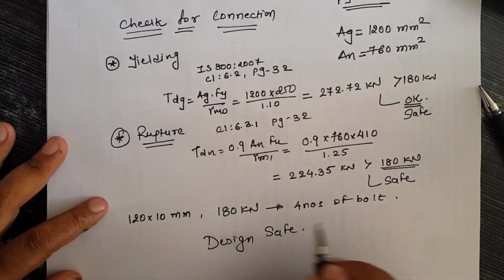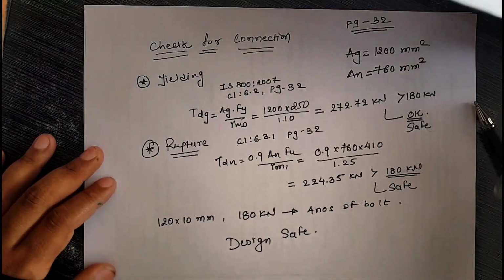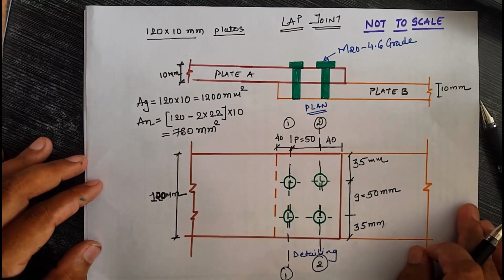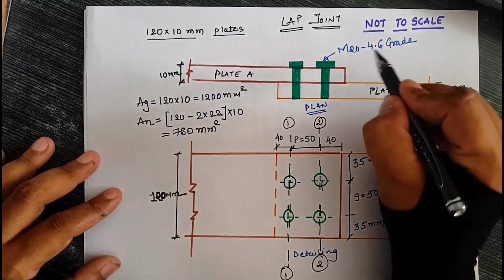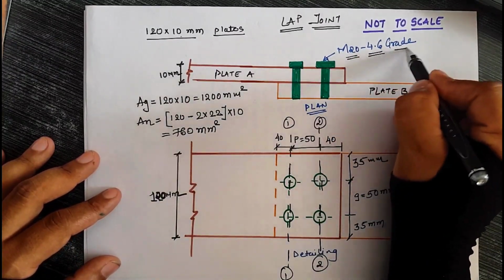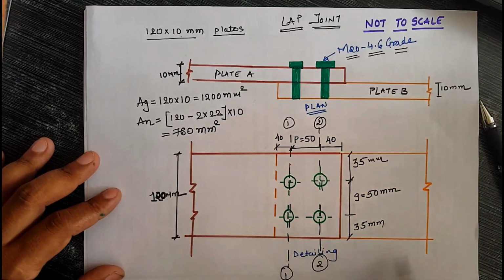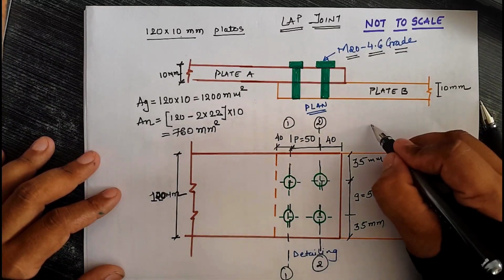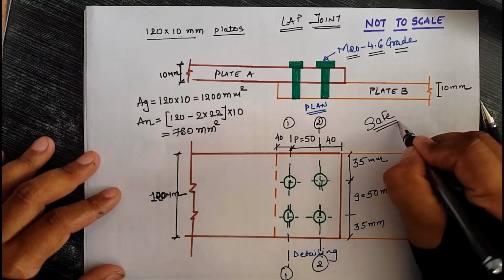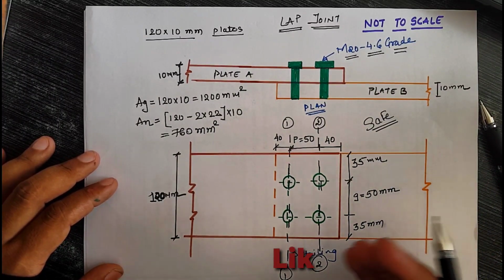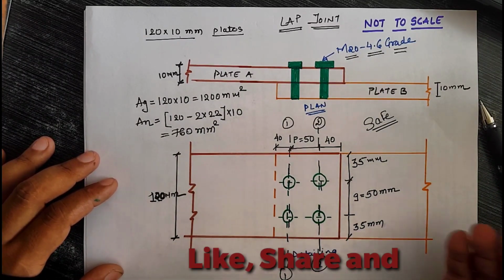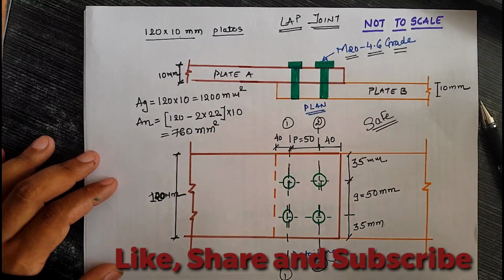It means that if you are asked to design a lap joint for 120 mm cross 10 mm thick plates, if you have been given M20 4.6 grade bolt and if you provide a connection like this, your connection is safe. So you have to design the lap joint according to different criteria given by the examiner or the designer. You can calculate the lap joint like this.